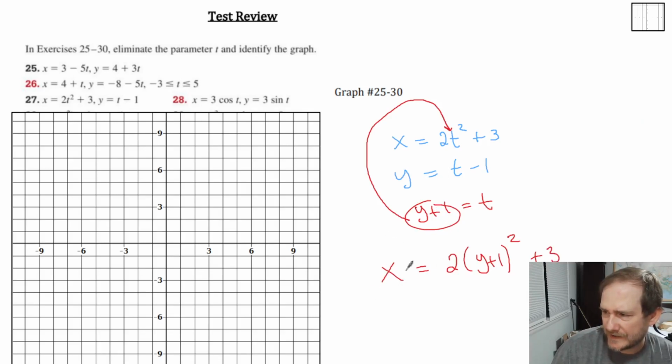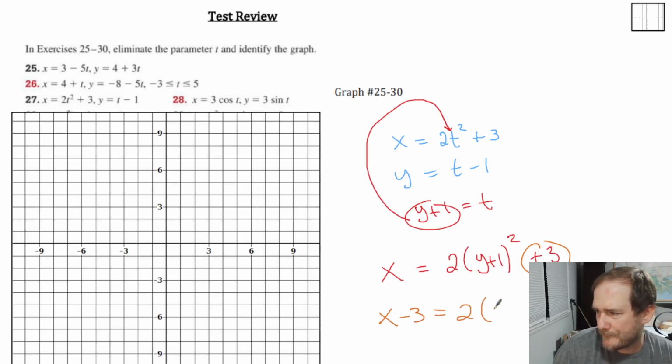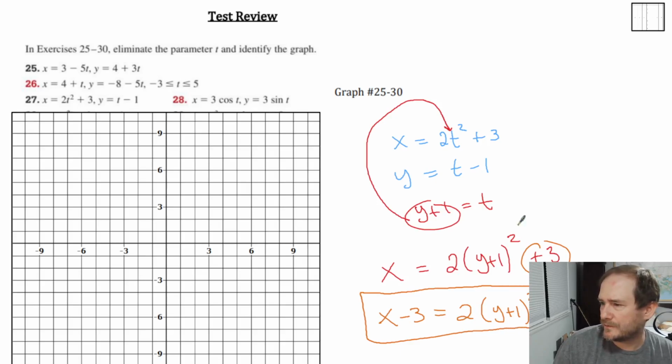Since this is x equals a y squared, you should know it's a parabola that opens to the right. You might want to kick the 3 over to the other side and leave your answer in this form, which is our conic section form for a parabola.